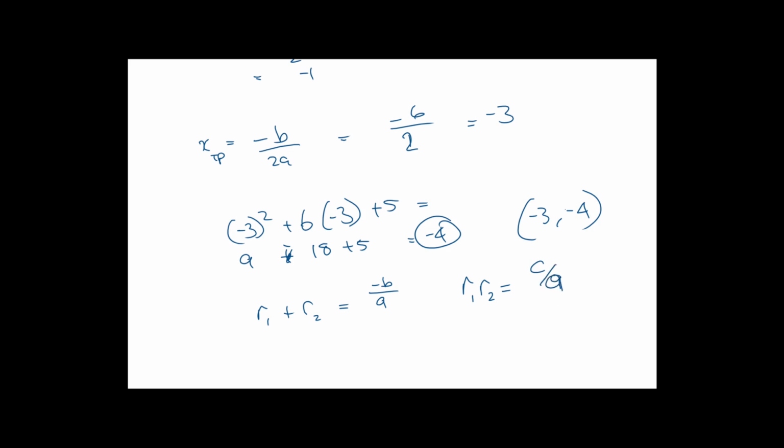So the roots here, we know that one of the roots is at -5, the other one is at -1. So the sum is going to be minus 6 over 1, which is -6. That makes sense. And c is 5, divided by 1 is 5.